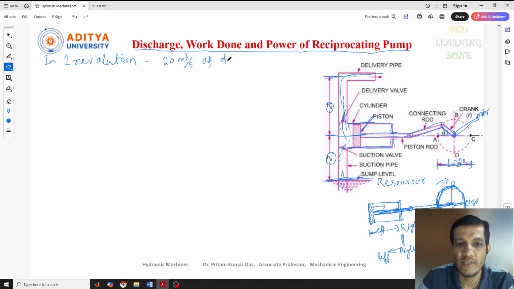That means this much discharge is done, 20 meter cube per second of water or any kind of liquid is delivered in one complete revolution. Now, we are going to calculate with respect to time, so with respect to per second also you can consider.